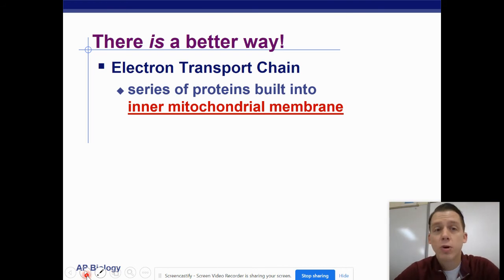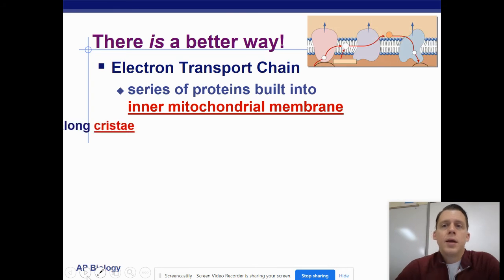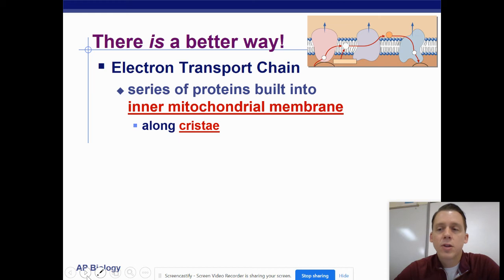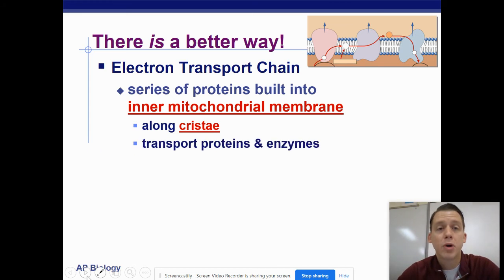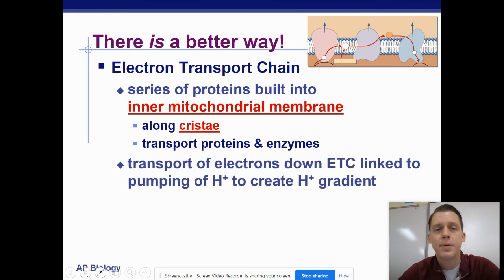The electron transport chain is a series of proteins built into the inner mitochondrial membrane. So that is where this takes place. That is along what I referred to yesterday as the cristae. I'll probably only refer to it as the inner membrane. Transport proteins and enzymes are going to be necessary for this to happen.